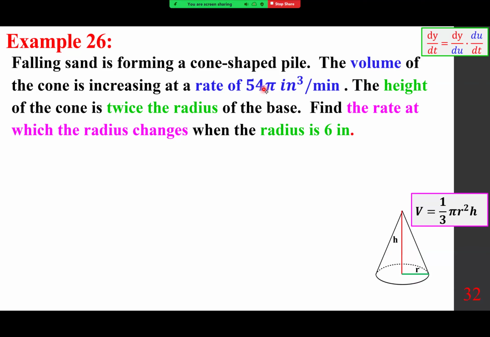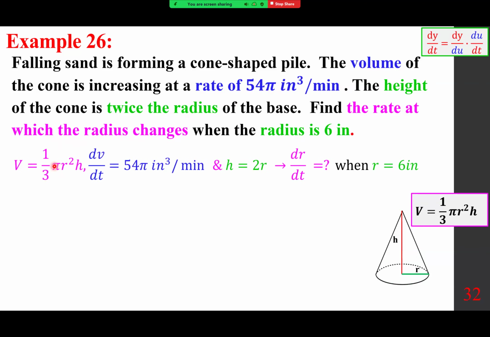This is dV/dt, 54 pi cubic inches per minute. The height is twice the radius, so h is 2r. We want to find the rate at which the radius is changing, dr/dt, when r is 6 inches. So this is the translation of the entire thing. You need this with h and r to define your variables.